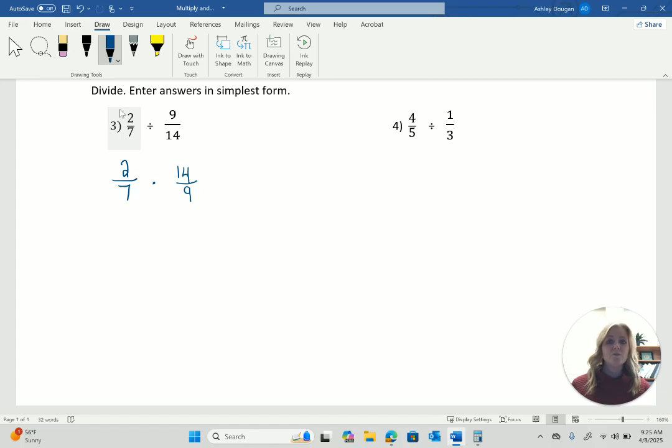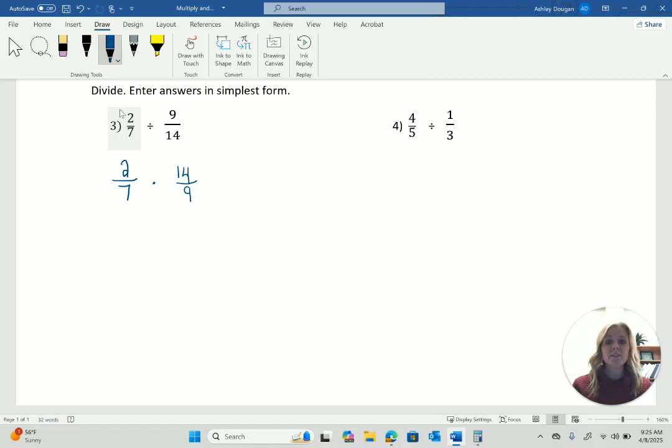And then now it turns into what we were just doing. We're going to multiply straight across and we're going to simplify. Now, if you like to simplify first, you need to flip your fraction before you start simplifying. Don't start simplifying here. Flip the fraction, and then if you have factors in common, you can simplify.